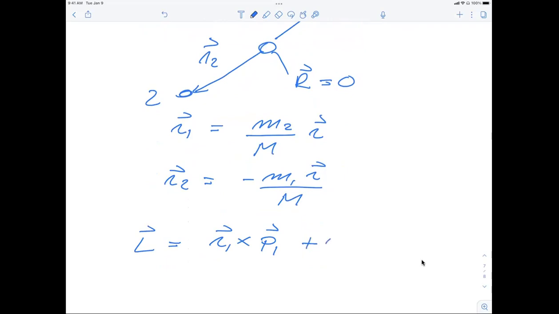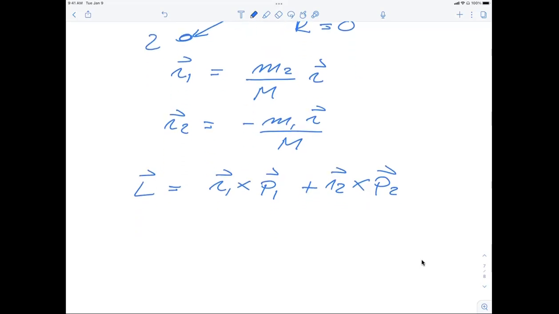So this is simply given by r times p. The momentum for particle i is given by m_i times the time derivative of r_i. So this is just the momentum.